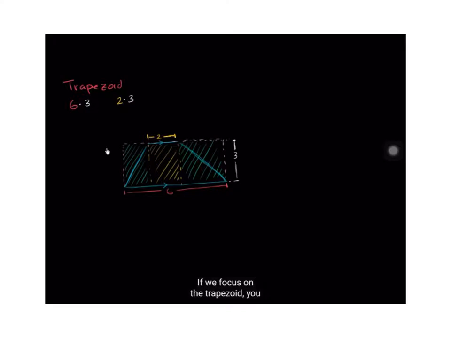If we focus on the trapezoid, you see that if we start with the yellow, the smaller rectangle, it reclaims half of the difference between the smaller rectangle and the larger one on the left-hand side. It gets exactly half of it on the left-hand side, and it gets half the difference between the smaller and the larger on the right-hand side. So it completely makes sense that the area of the trapezoid, this entire area right over here, should really just be the average.